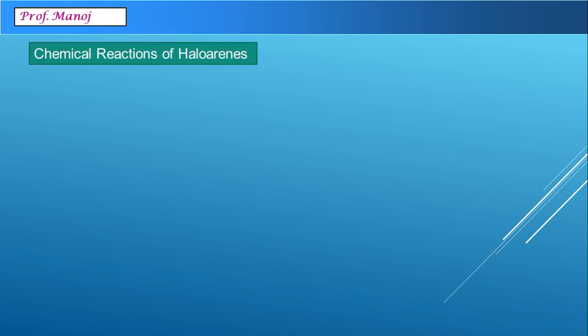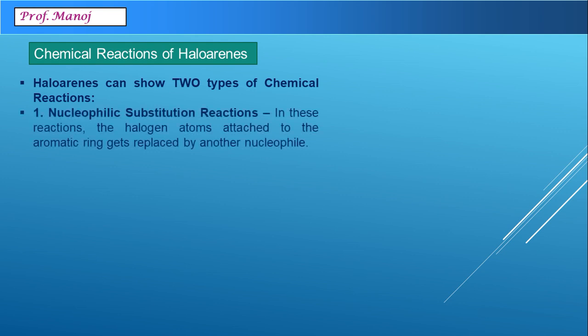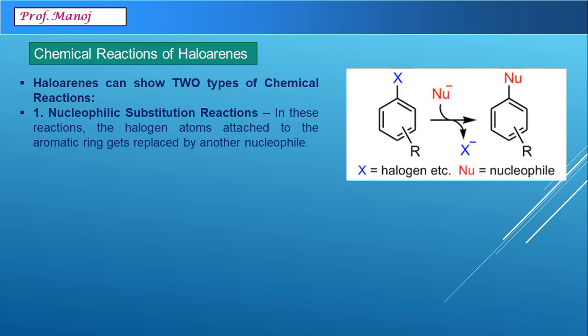We will now go to the last part of the unit, that is chemical reactions. Haloarenes show two prominent types of chemical reactions. The first is called nucleophilic substitution reaction. Here, the halogen atom attached to the aromatic ring is replaced by another nucleophile.